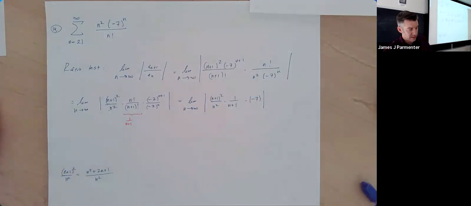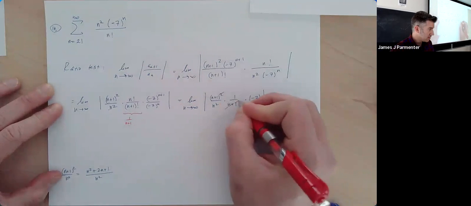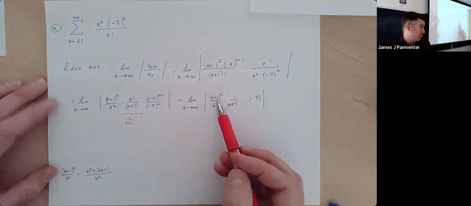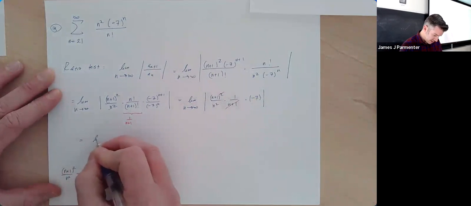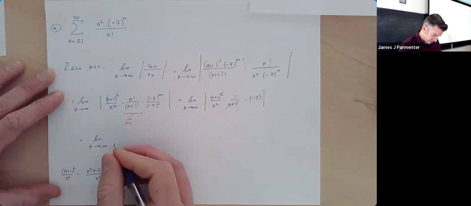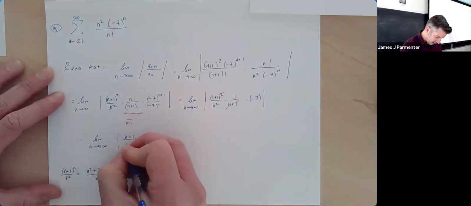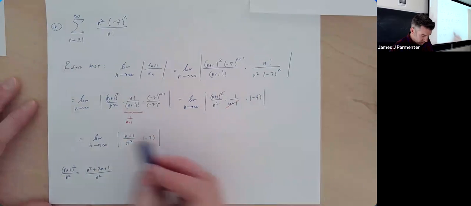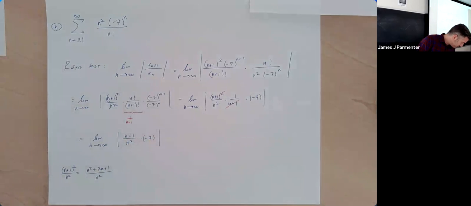And then the last simplification we can do is cancel one of the n+1s. Now in your problem where it's just (n+1) over n, the n+1 will cancel and you'll be left with just 1 over n. Then I'm going to write this as the limit as n goes to infinity of the absolute value of (n+1) over n squared times negative 7. Now, I know (n+1) over n squared is positive, so if I really wanted to fully simplify this, I should drop the absolute values.